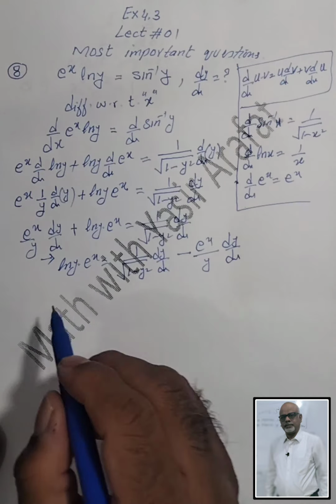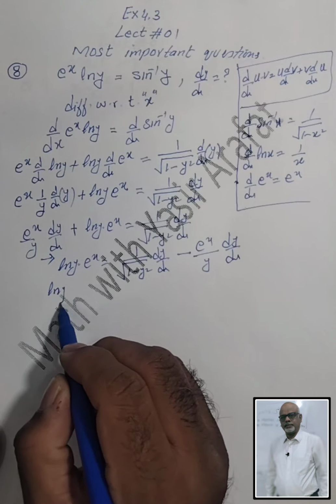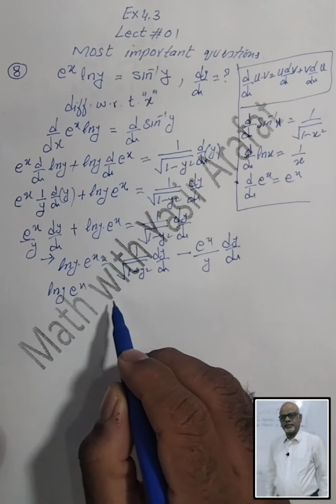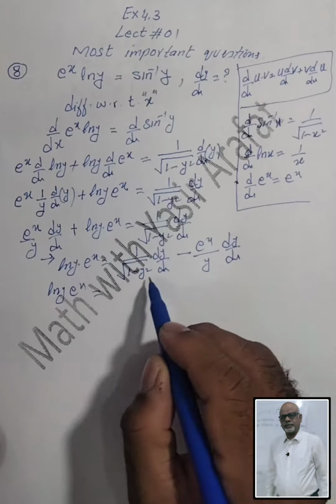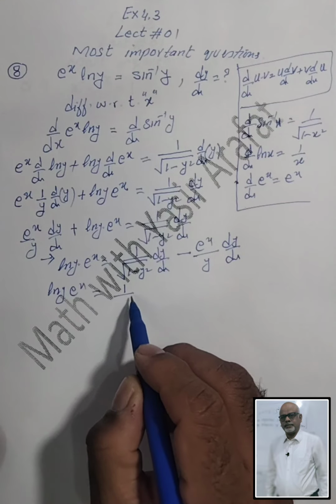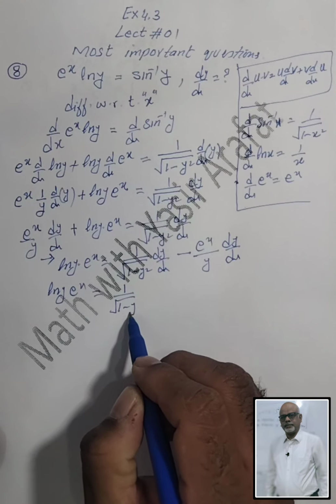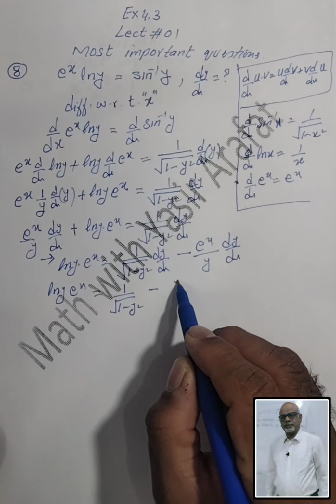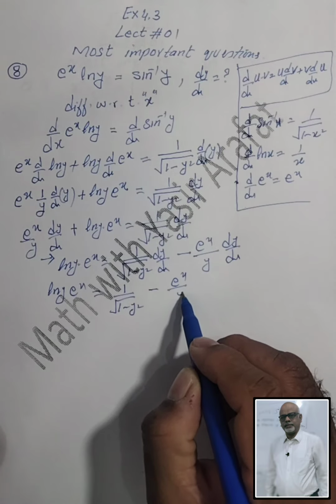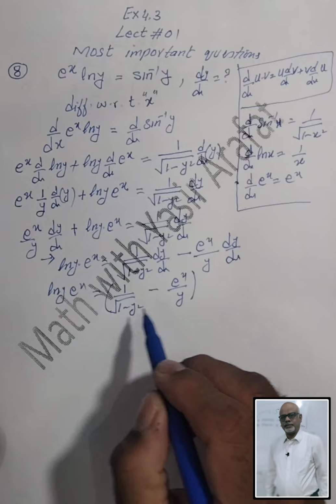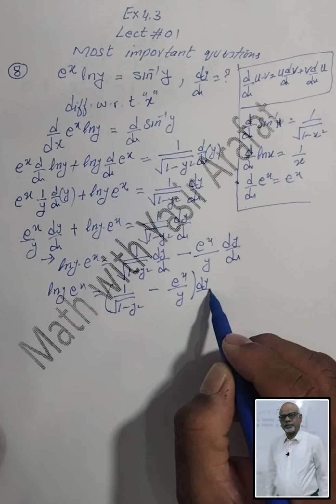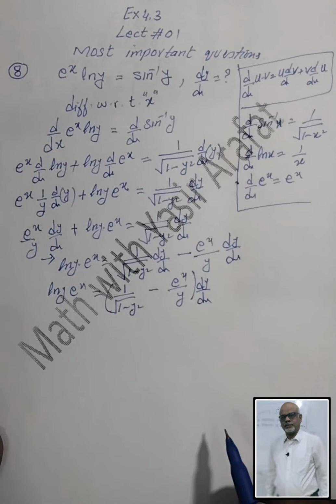So just take out the LCM here. Take out ln e to the power x first as common and then the LCM. So this is 1 over root of 1 minus y square minus e to the power x divided by y, and this is dy upon dx.